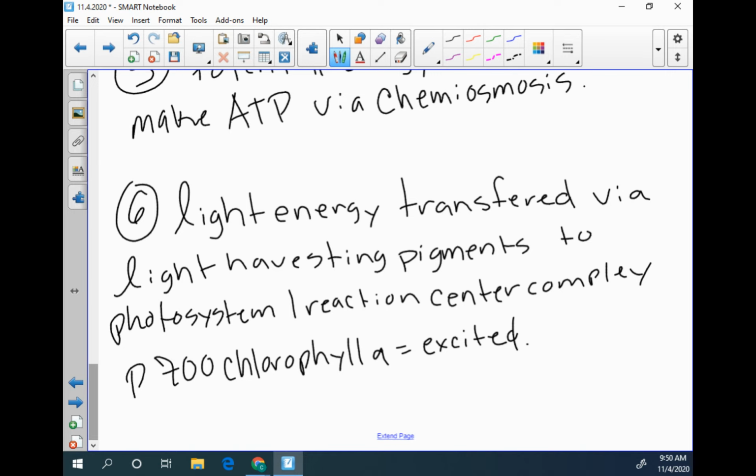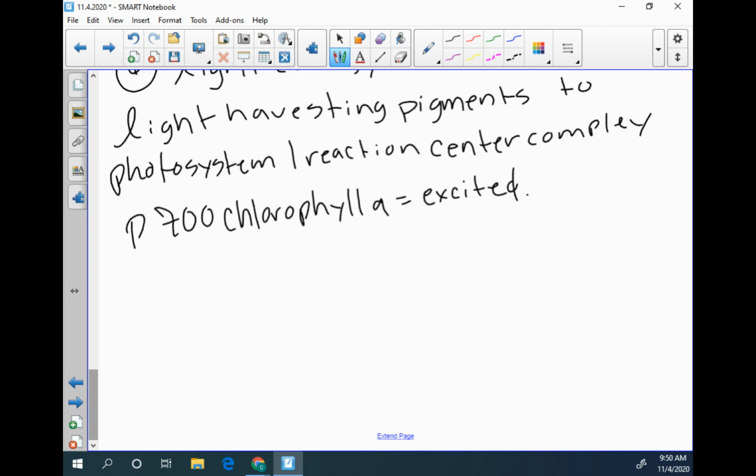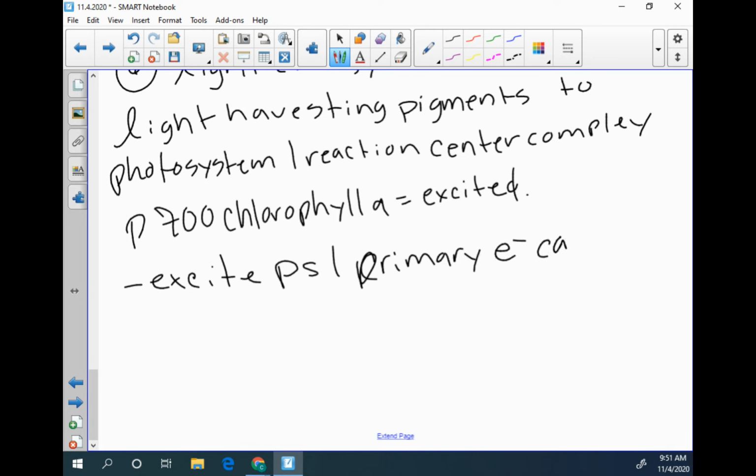But now that that carrier has the electrons from light, it can now act as an electron acceptor for the electrons from PS2. So, wait, is this still the same step? Yes. So our chlorophyll a's are excited, which will then excite PS1's primary electron carrier, or acceptor, sorry.